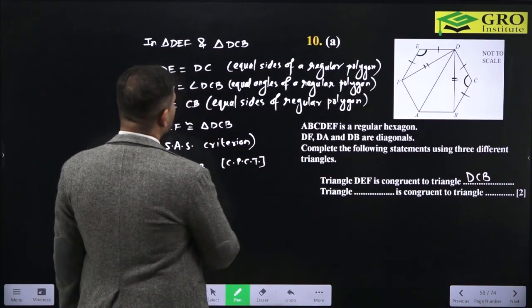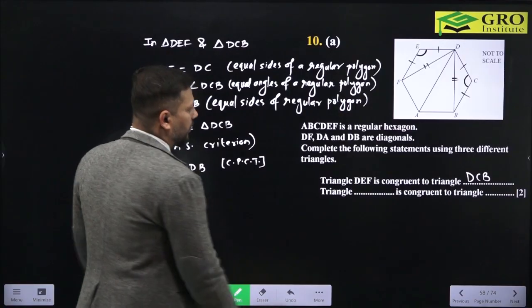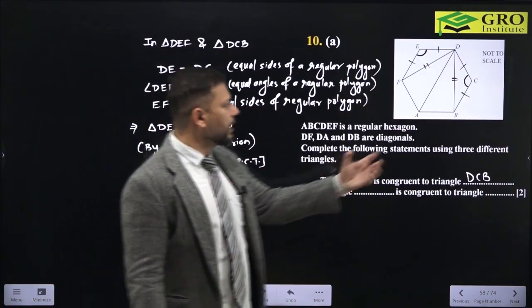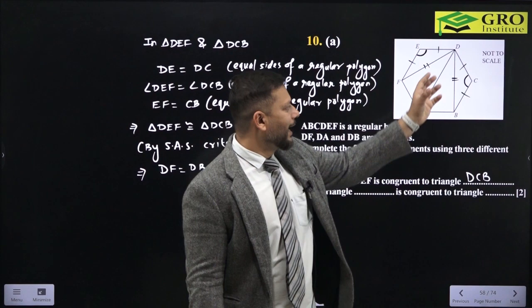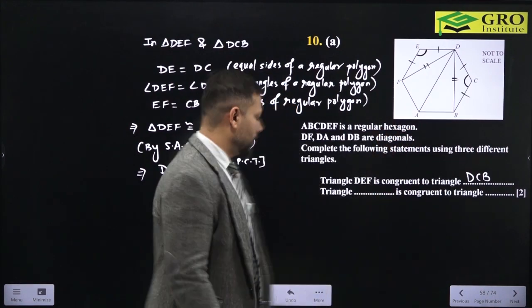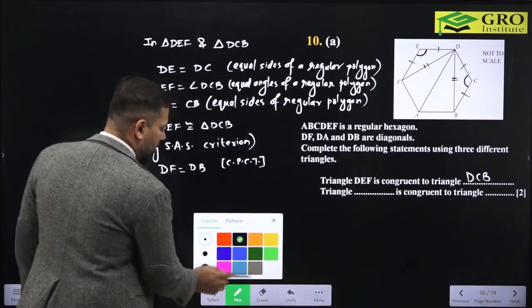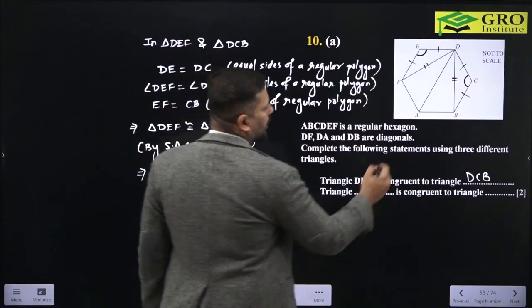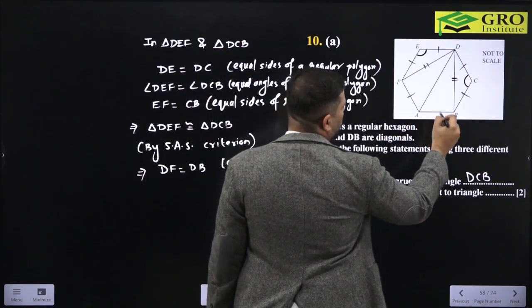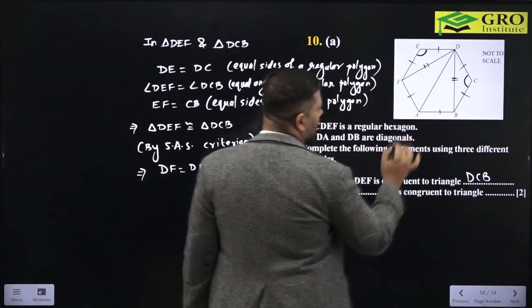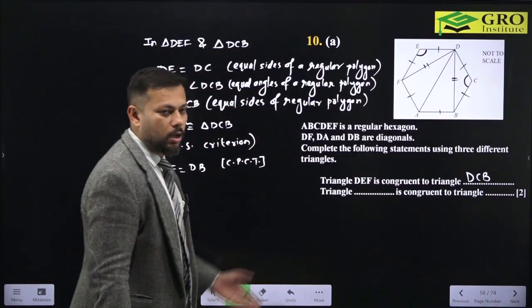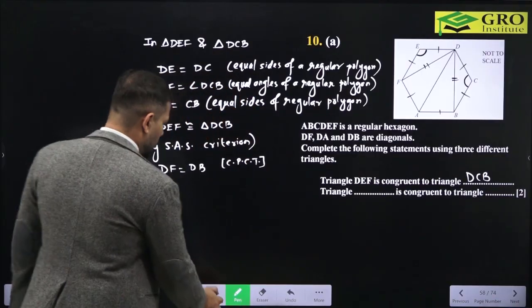So this we will take as a reference point to prove that triangle DAF and DAB are congruent to each other. For that I am also marking that AF is going to be equal to AB, being the sides of a regular hexagon. So let us use it now.